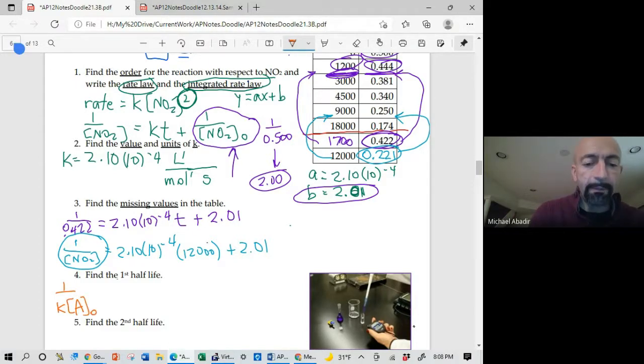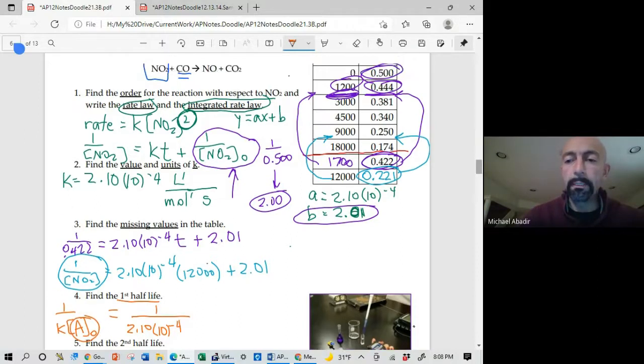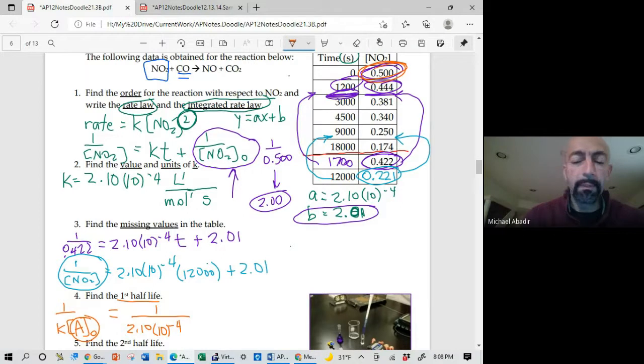That's going to be the half-life, first half-life. And that's going to equal 1 over the k, 2.10 × 10^-4, times the original concentration, which remember we said was 0.5. So we put times 0.5 here.